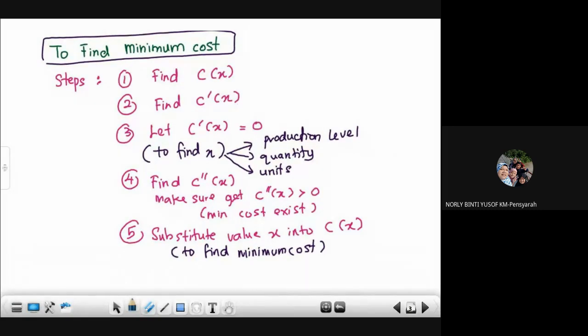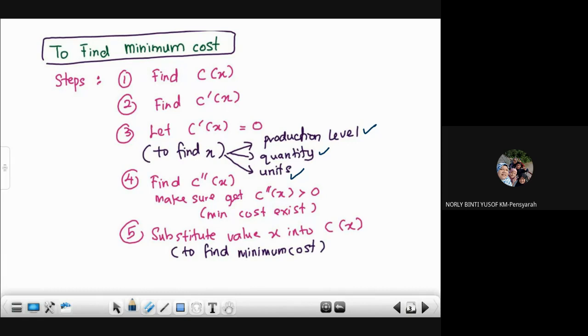That means you differentiate lah. And then you must think that if you want to find minimum cost, the concept of C'(x) equals to 0. Konsep dia sama macam stationary point lah, dy/dx equals to 0. To find x, maksudnya dalam soalan tu nak cari production level, quantity, units. That is all terms for x, quantity lah.